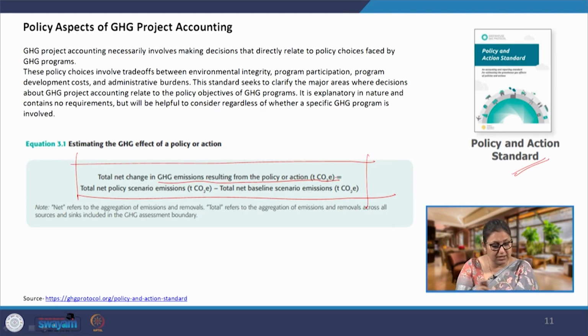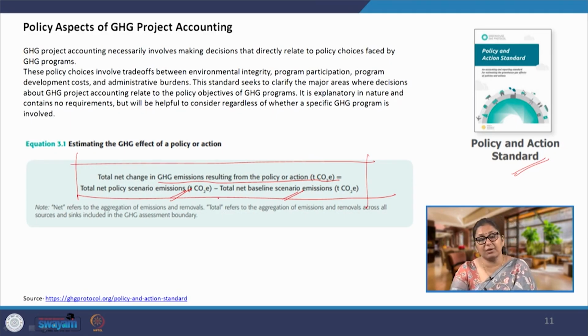We will look at the total net policy scenario emissions minus the total net baseline scenario emissions, and that is where we will know how much of the net change is due to this policy. A negative number gives us reductions. Positive numbers due to the use of a certain policy could also mean an increase in emissions.